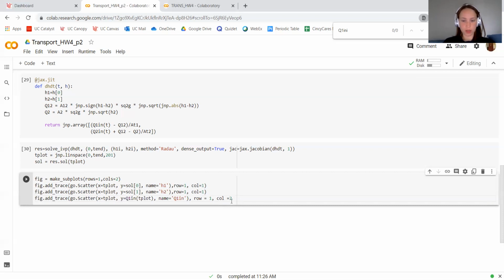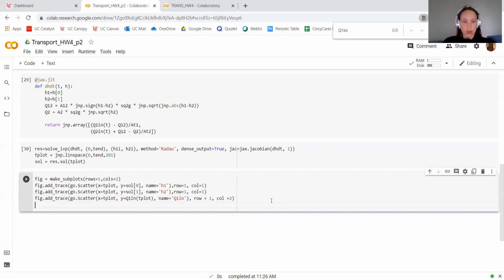So for here, we have a second graph showing us those flow rates. So that gets put into column 2. And again, we can just copy and paste that second one.